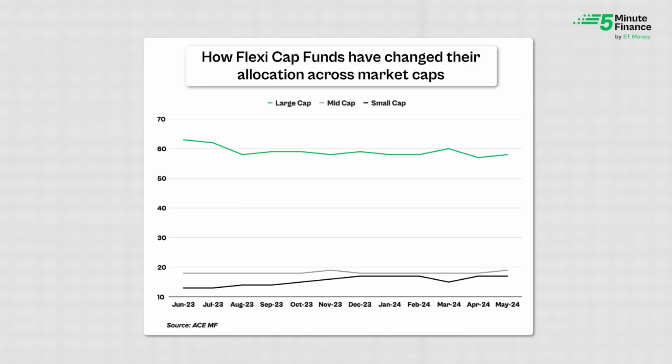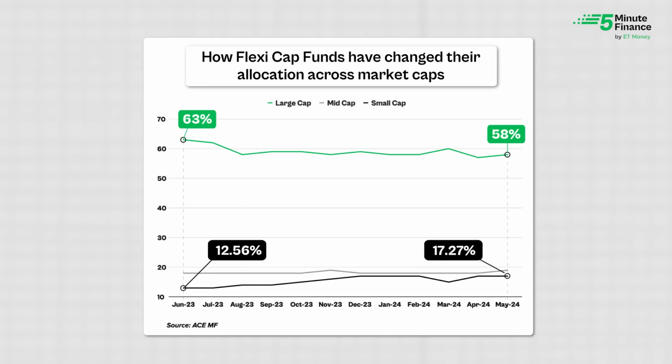On average they have allocated 58% to large caps as of May 2024, which has come down from 63% in June last year. Whereas the allocation to small cap stocks has gone up from 12.56% in June last year to 17.27% in May 2024.